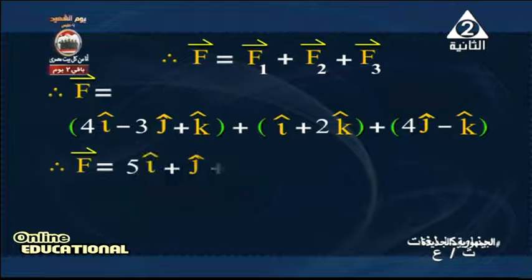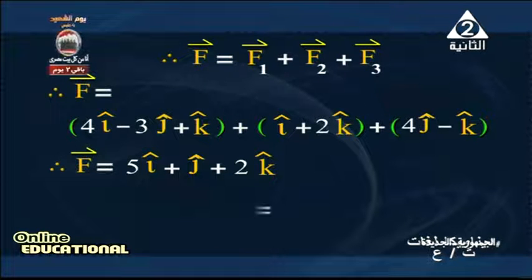Then the resultant force equals 4i plus i equals 5i, negative 3j plus 4j equals 1j, and 1k plus 2k minus k equals 2k.